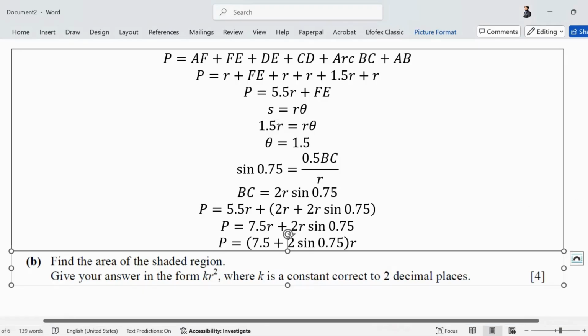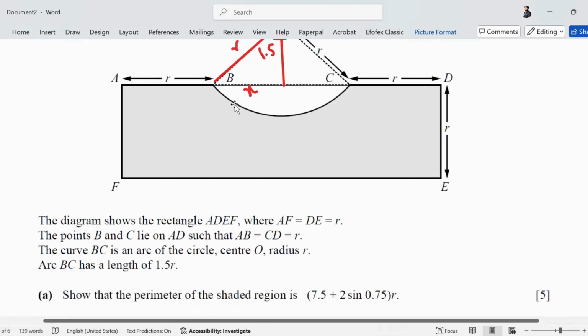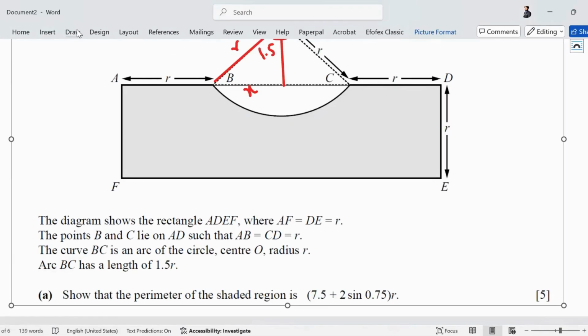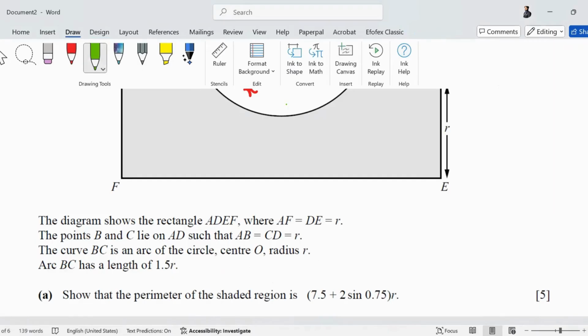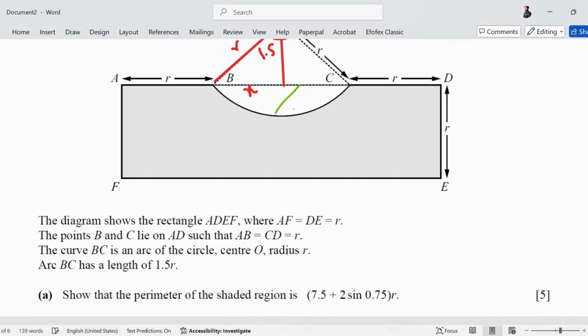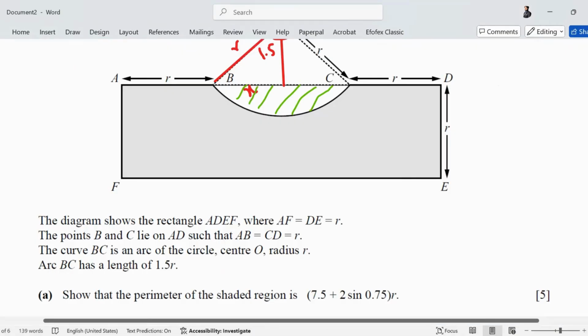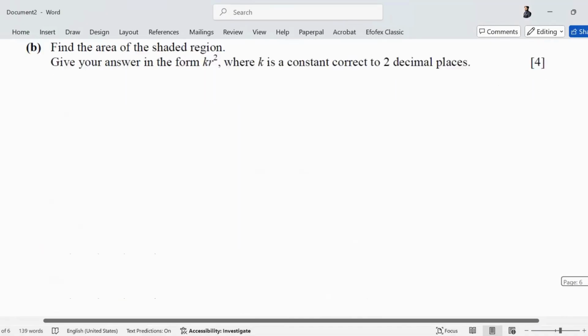What do you call this small region? This is a segment.